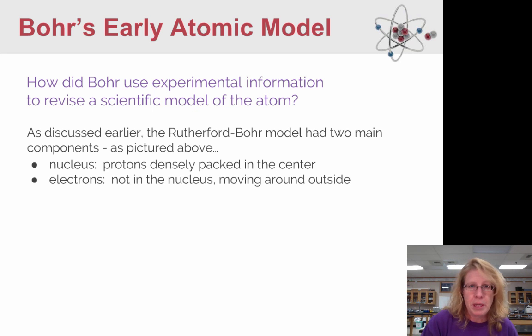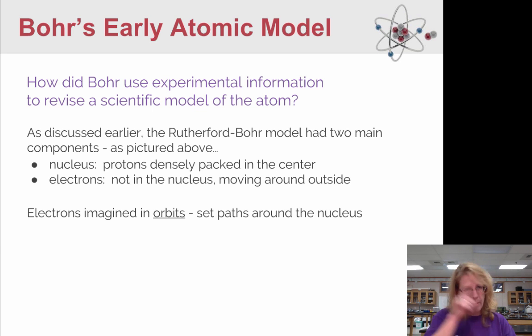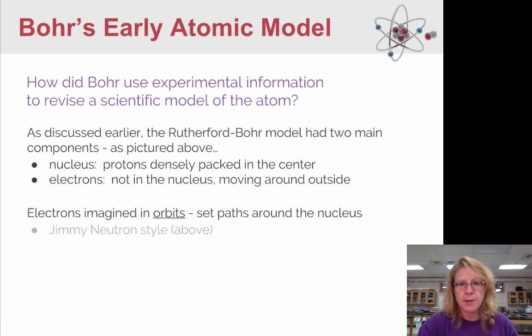One of these early pictures had the electrons buzzing around in this particular shape, kind of orbits where each one had its own path. But they didn't really know exactly how the electrons moved or whether they were interfering with one another, or if there was a bunch of them or a few of them, or how they all work together. Like I said, in these early ones, each orbit was for one electron.